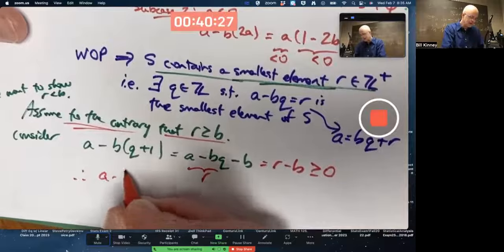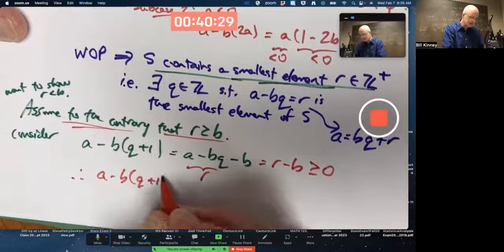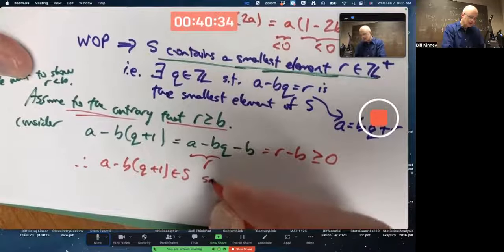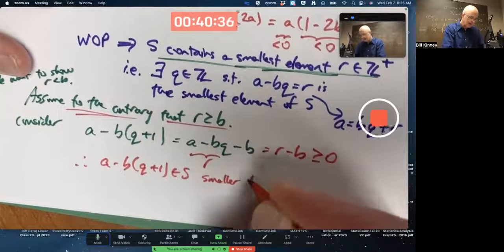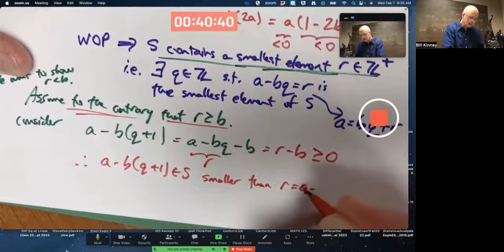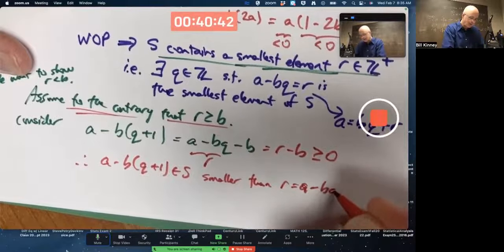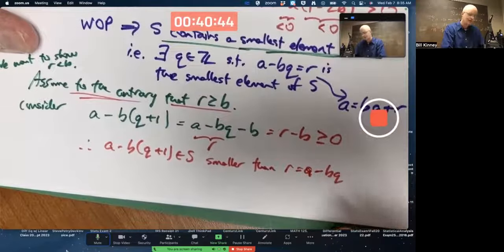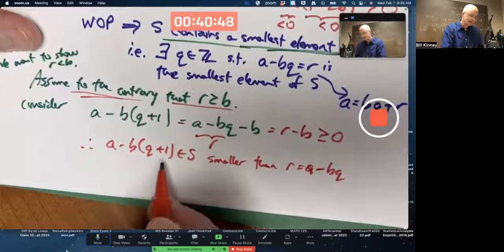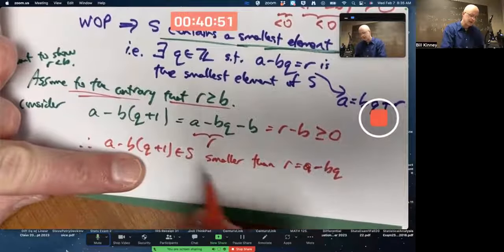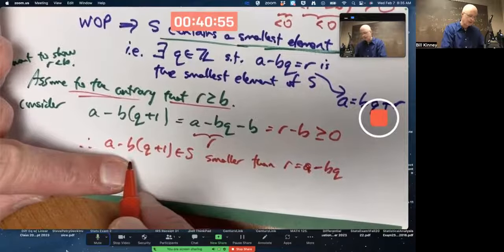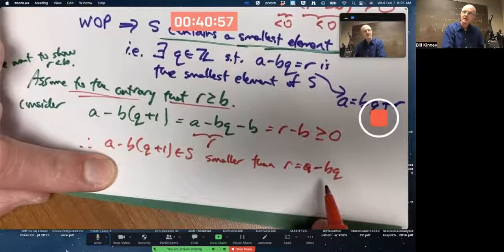Therefore, A minus B times in parentheses Q plus 1 is an element of S smaller than R equals A minus B times Q. Why is it smaller? Because B is positive and Q plus 1 is bigger than Q. I'm subtracting really something bigger from A than I am here.